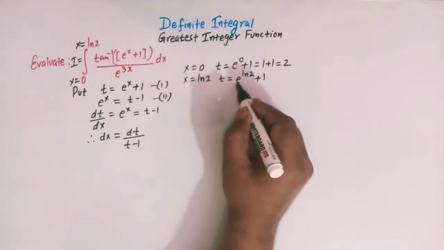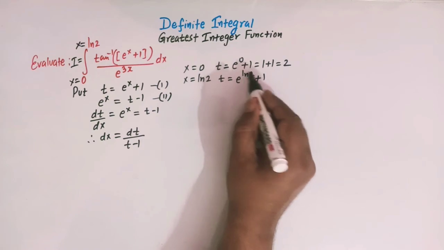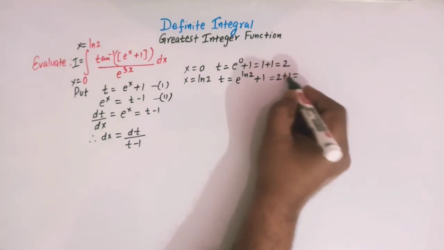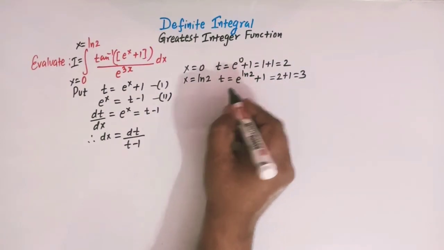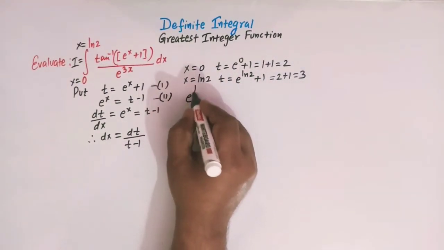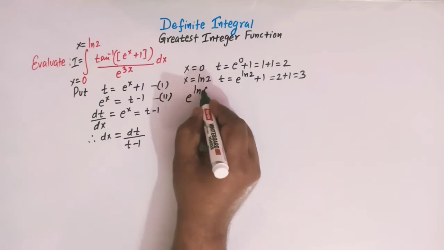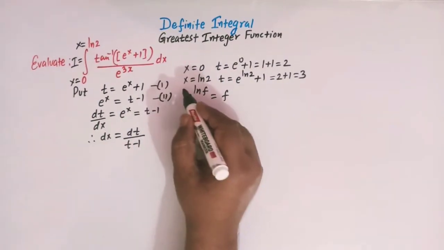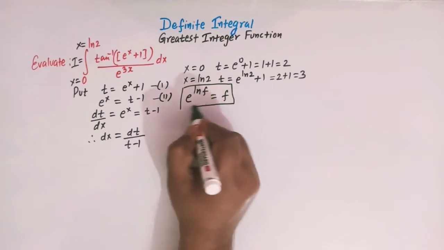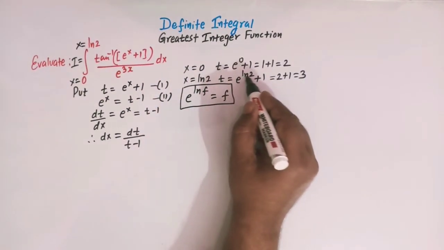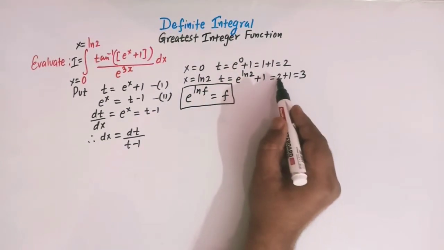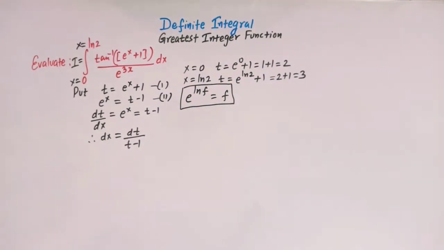Here we have used the result that e raised to log of f is equal to f. So e raised to log of 2 is 2, and 2 plus 1 is 3.